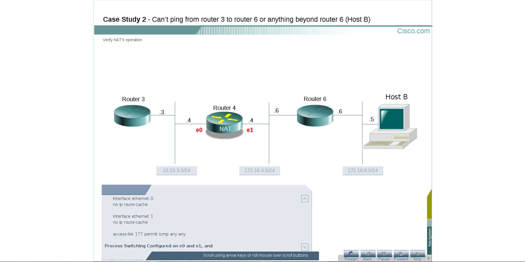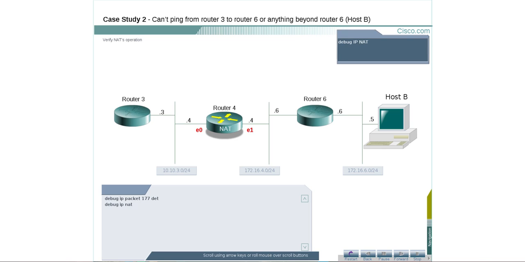This is the purpose of access list 177 shown above. When the access list is applied to the debug, only packets that are permitted by the access list will be monitored by the debug. In addition to IP packet debugging, we would like to monitor NAT, so we will enable NAT debugging with the command debug ip nat.